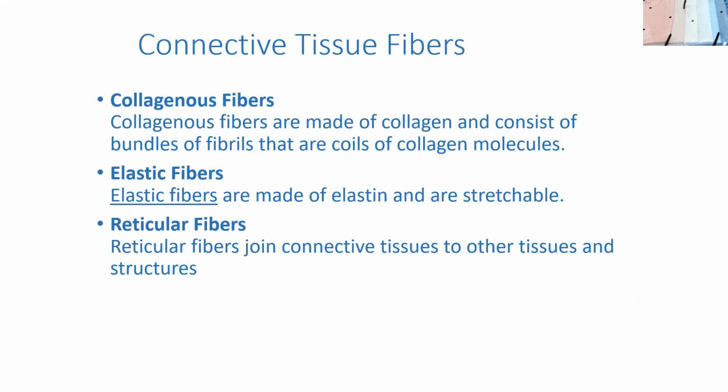Elastic fibers are made up of the protein elastin, clever, and they're stretchable. Anywhere we want to have elasticity, like our skin, we're going to have elastic fibers. And then we have reticular fibers. Reticular fibers are, again, sort of a catch-all. These types of fibers form the nets that hold our organs in place.